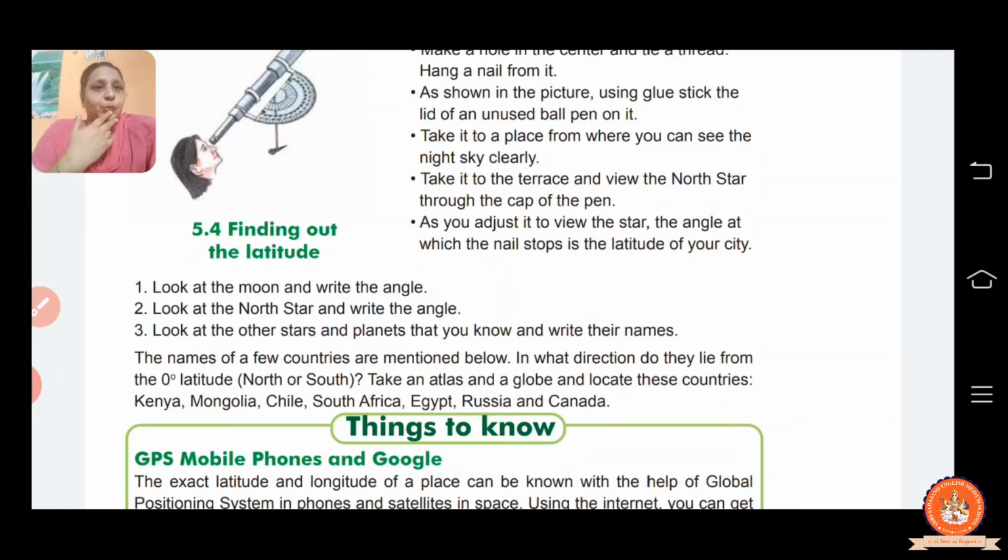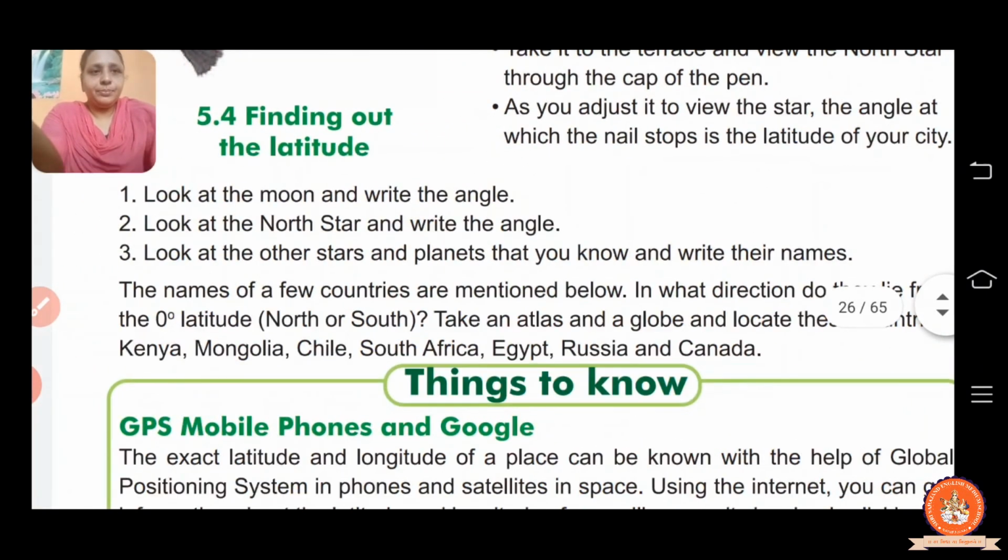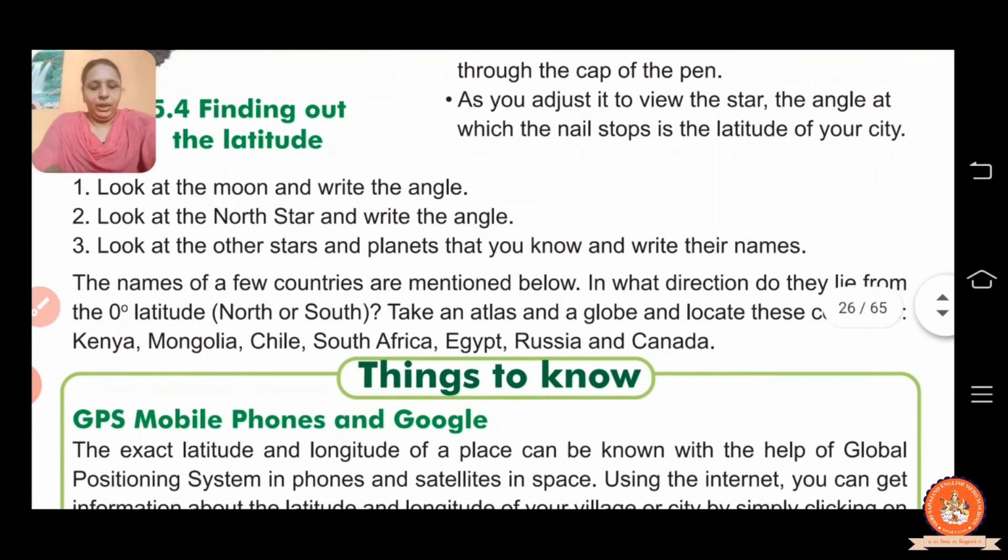In which direction do they lie from the zero latitude, north or south? Okay, north and south of the 0 degree latitude, which you have to find by taking the atlas and the globe and locating these countries' names. Kenya is around the equator. Another name is Mongolia. Mongolia is in the north. Okay beta, Chile is in the south.